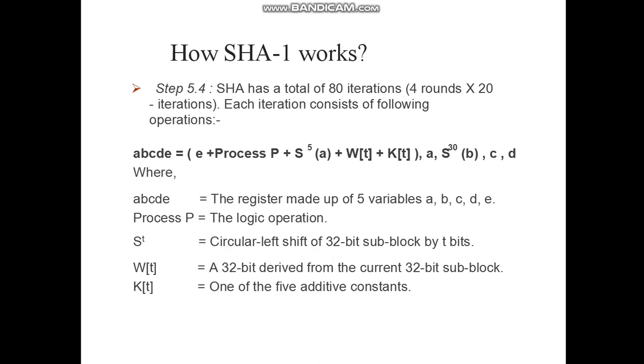S power T is a circular left shift of the 32 bit subblock by T bits. W of T is a 32-bit word derived from the current 32-bit subblock, and its values are shown in the forthcoming slides. K of T is one of the 4 additive constants.